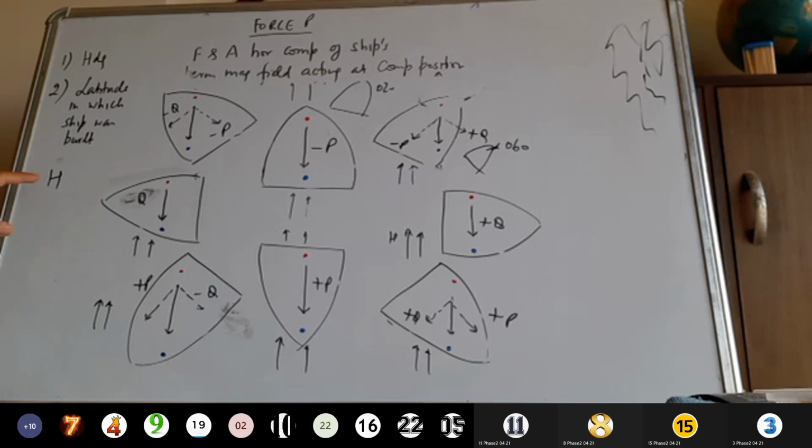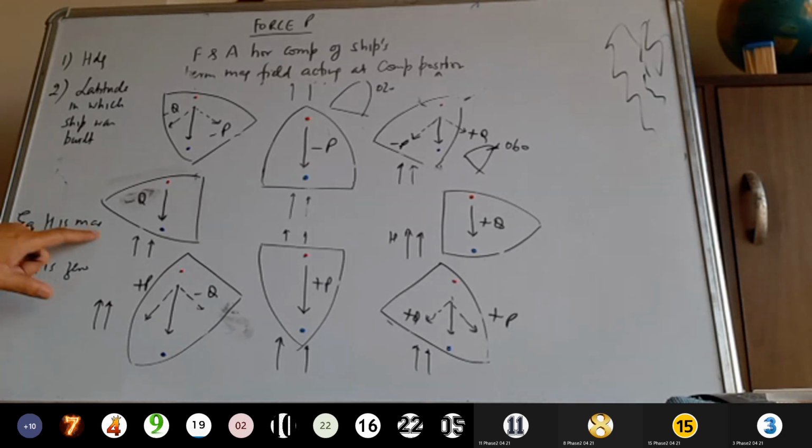So when we are talking about H being the inducing force, where is H maximum? Yesterday we have seen that at the equator H is maximum and at the poles H is 0, because H was F cos theta and the value of theta at the equator was 0. So cos 0 was 1, which is the maximum possible value of cos.